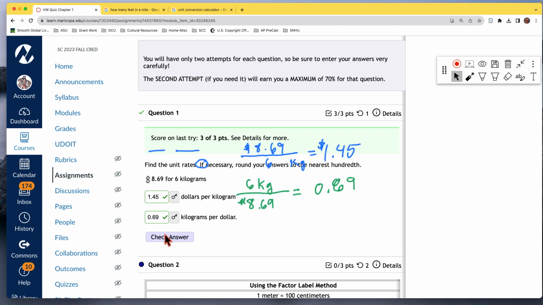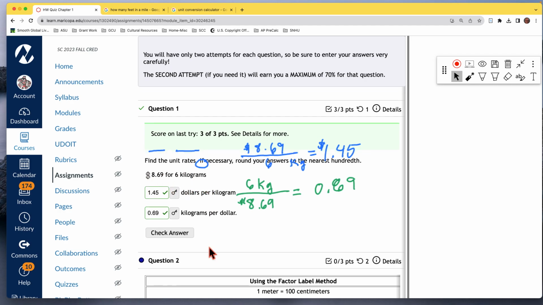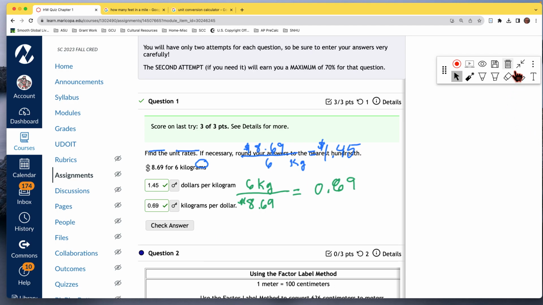But usually, for comparison's sake, we could compare either one, but we'll use cost per unit, so dollars per kilogram, to compare 2 different products, which one's cheaper, right? Because we might have some other information. Any questions on that? So that's unit rates.